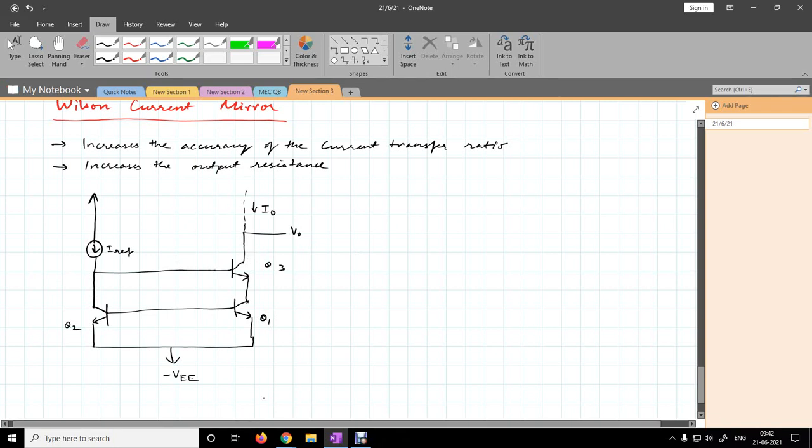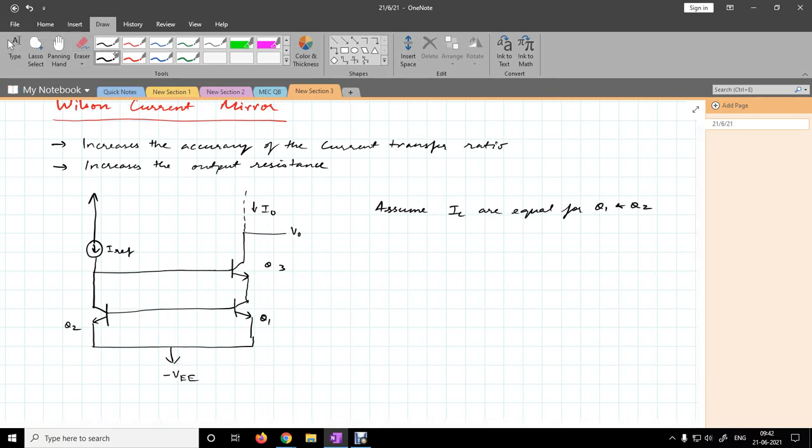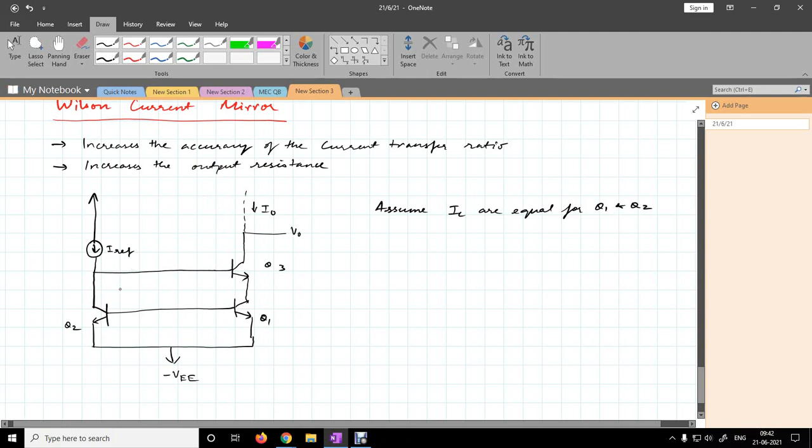Alright, same thing here. Assume IC are equal for Q1 and Q2. So pay attention. Here the current flowing is IC.